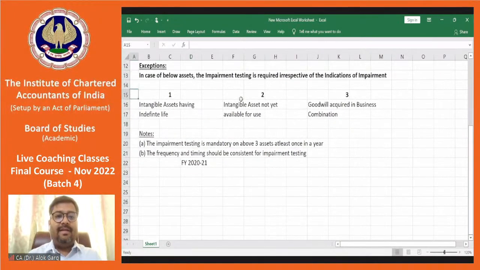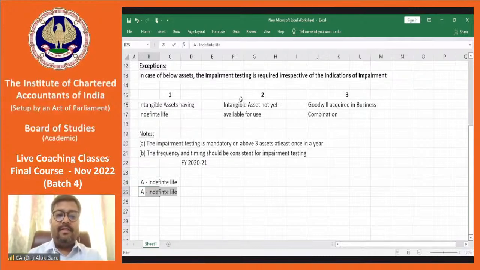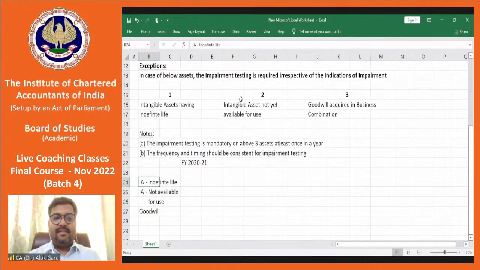So let me write these assets here: intangible asset having indefinite life, intangible asset not available for use, and goodwill, right? So these are the three assets. This is my FY 2021. This is my FY 21-22. Okay.